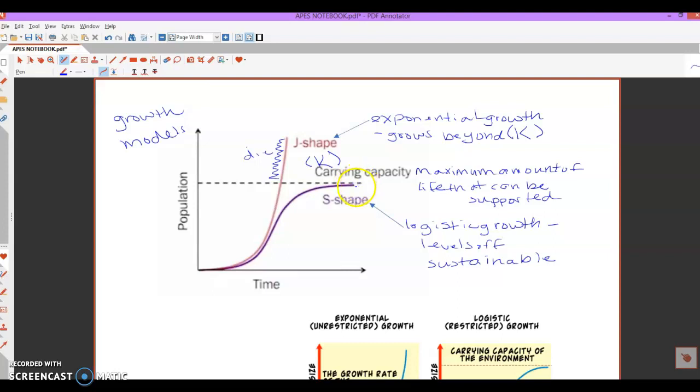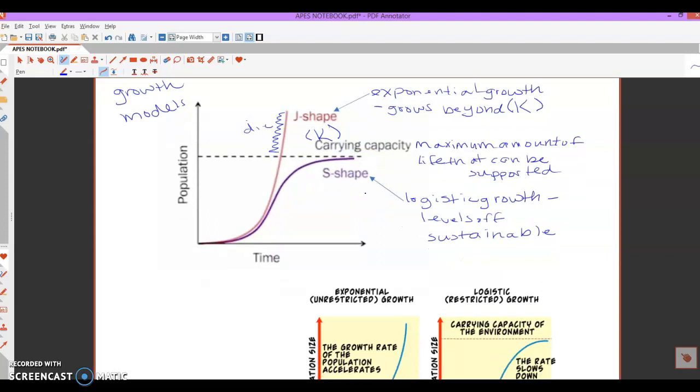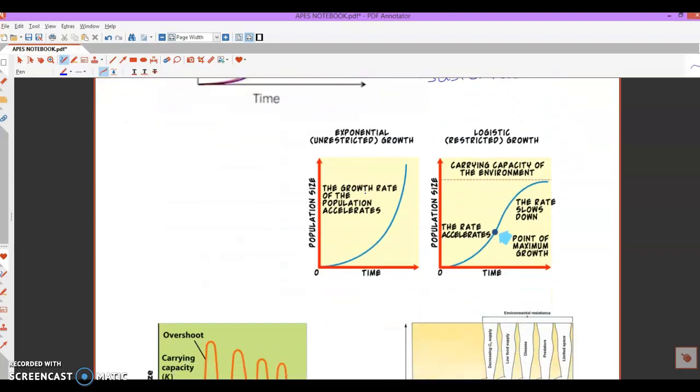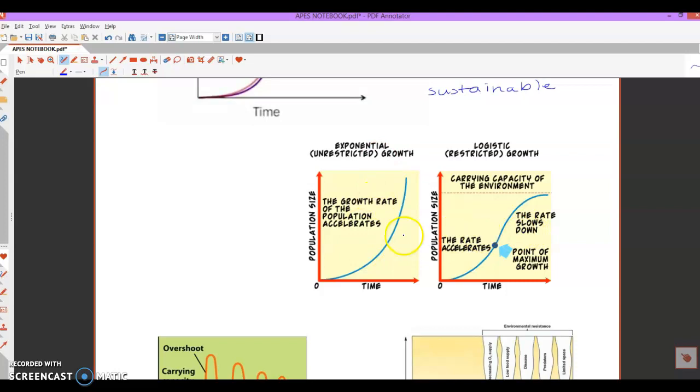Okay. Now, let's talk about some things that are common sense. Let's bring in these two graphs. Here we have our J-shaped curve. Here is our S-shaped curve. A J-shaped curve is what we call unrestricted growth.